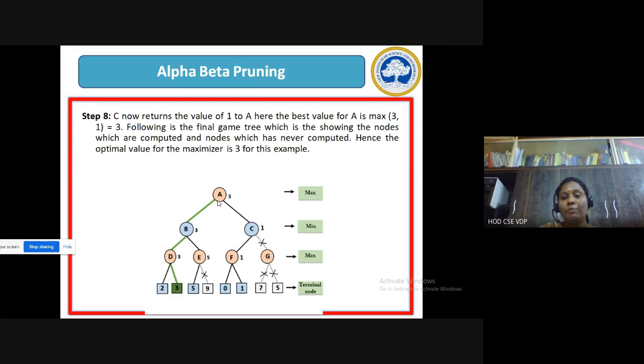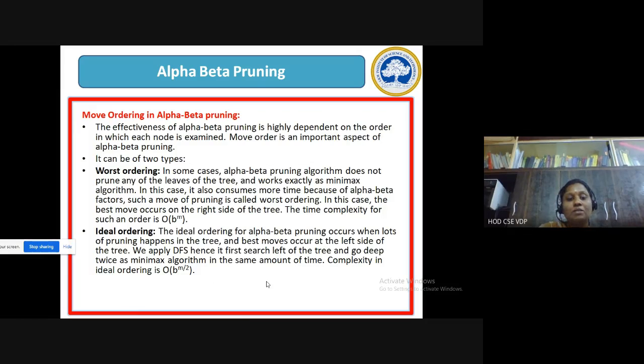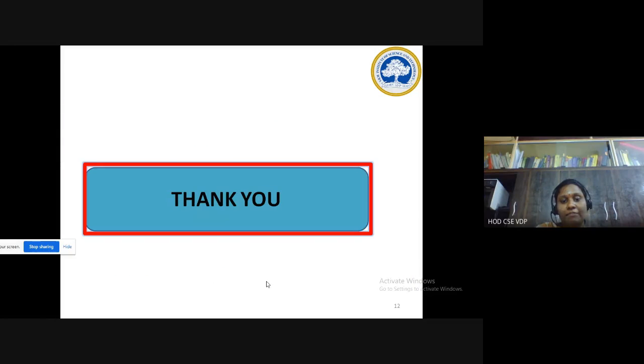If all the nodes are traversed using DFS, depth first search, it is order of b^m, so all the nodes have to be traversed. If I search only half of the tree, then m would be m/2 in the optimal case. So that is going to be your complexity. That is all about alpha beta pruning.